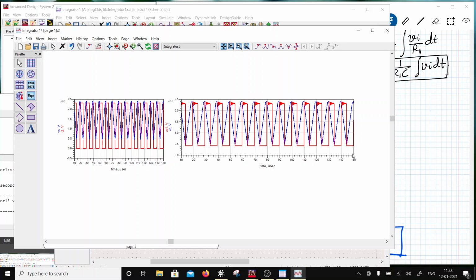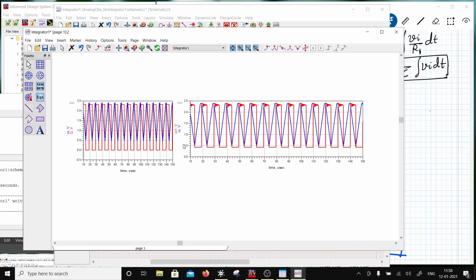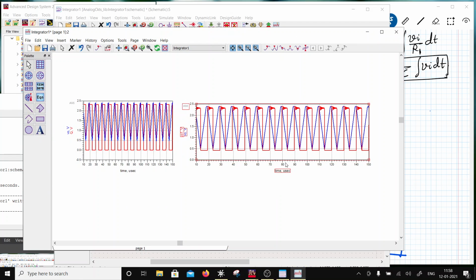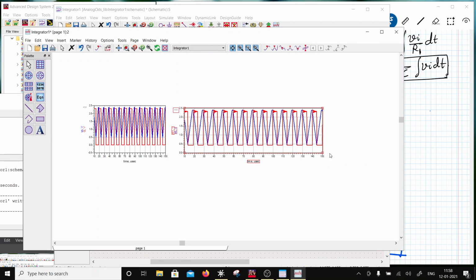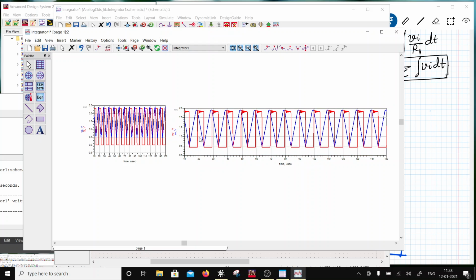Though the tops are not clean, the transitions are clean, isn't it? So I have converted a triangular wave into a square wave. So this is how a differentiator would work, an integrator and a differentiator.